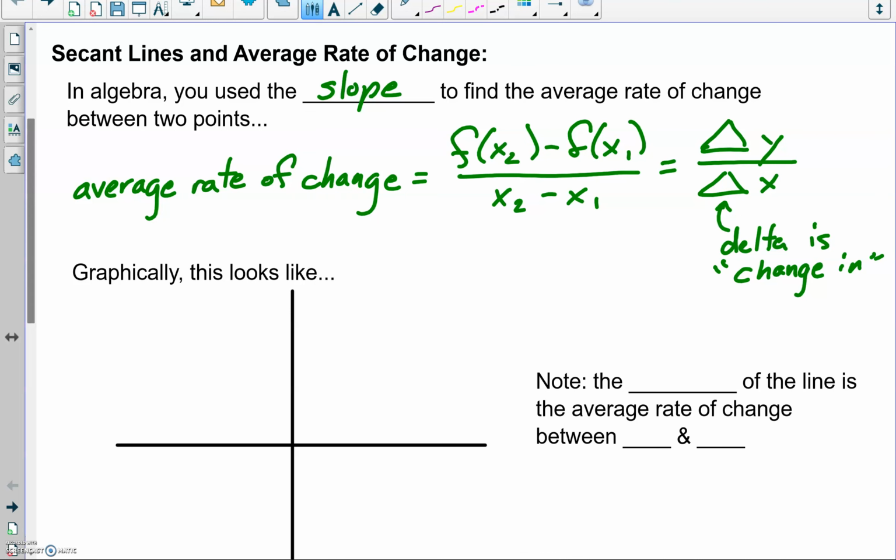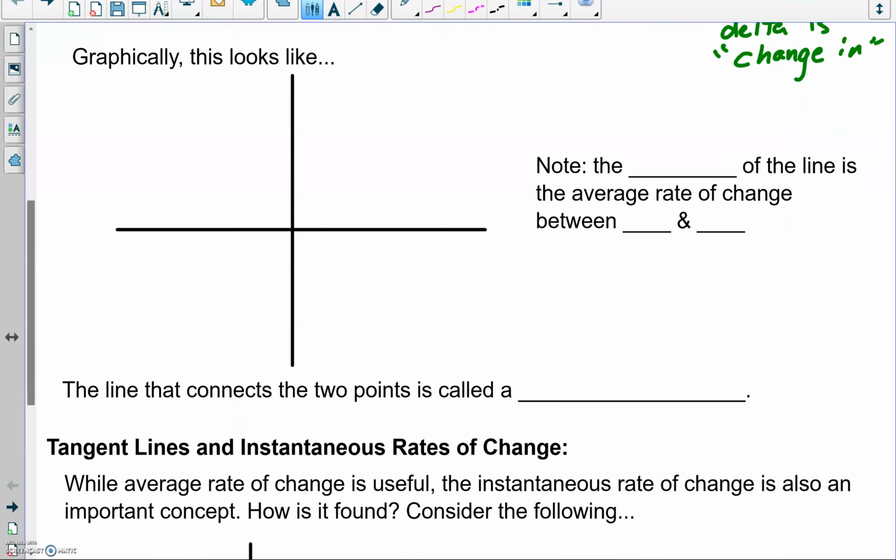So graphically, what does this look like? If we were to take a basic curve here and pick a point x1, which would give us the f of x1 here, and then x2 maybe over here with the f of x2 matching up right here.